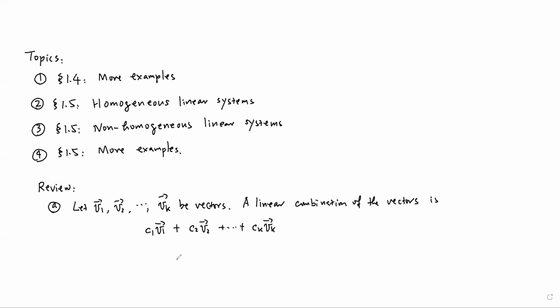Combining these vectors in this way is called a linear combination, where C1, C2, ..., Ck are scalars.